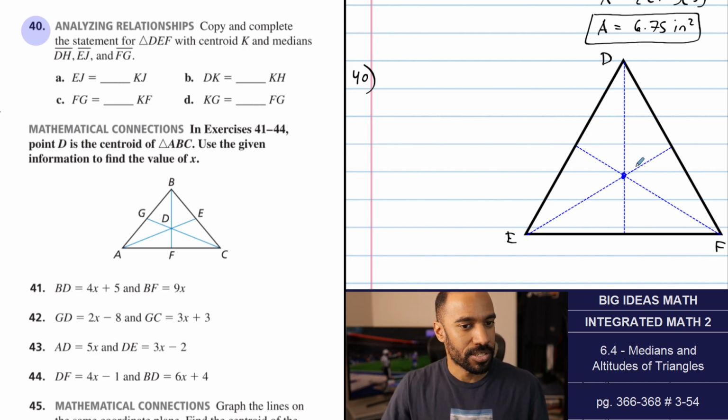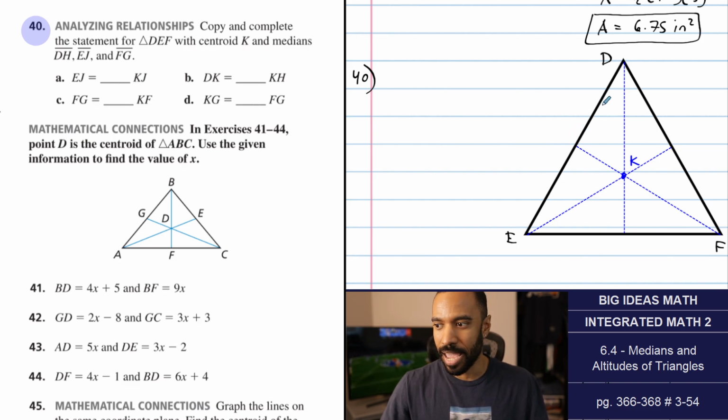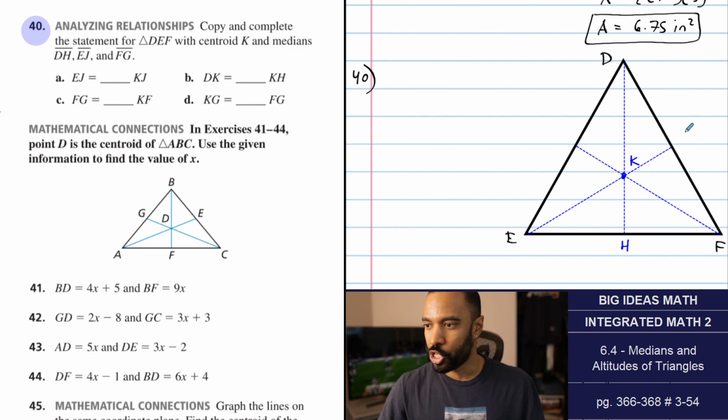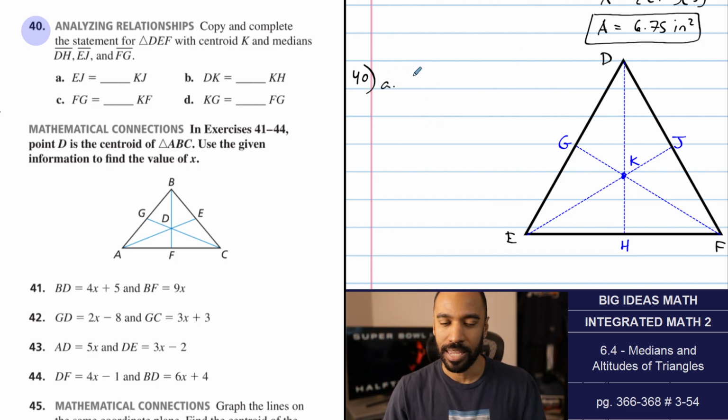So this is centroid K, and these are medians DH, EJ, and FG. All right. So this is all number 40. Part A, EJ equals blank.